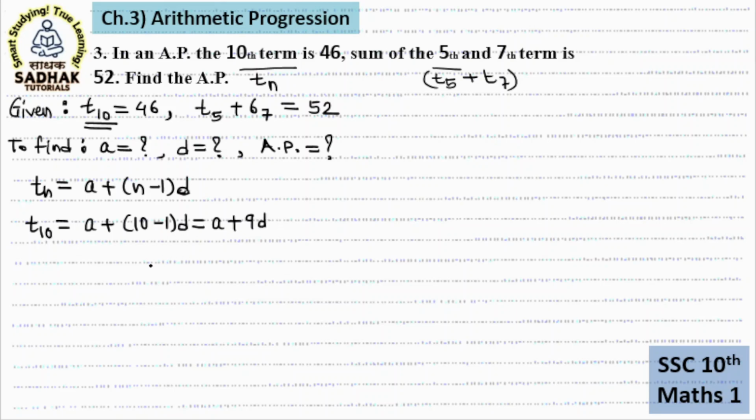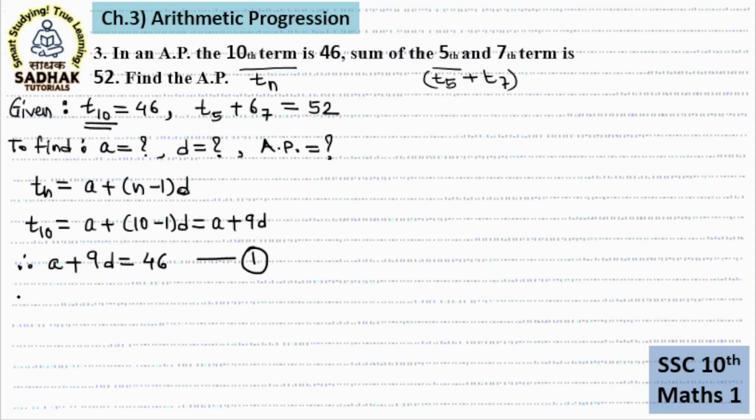And we have been given that T10 is equal to 46. So we can write A plus 9d is equal to 46. Let us say that this is equation 1. A plus 9d is equal to 46.